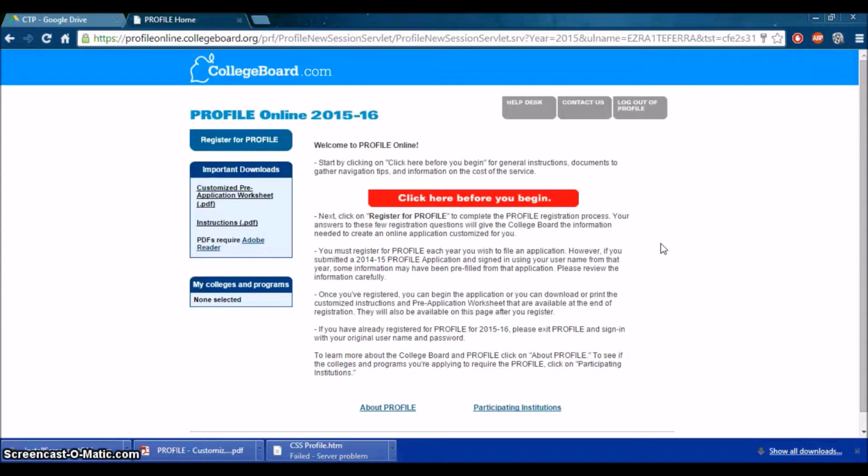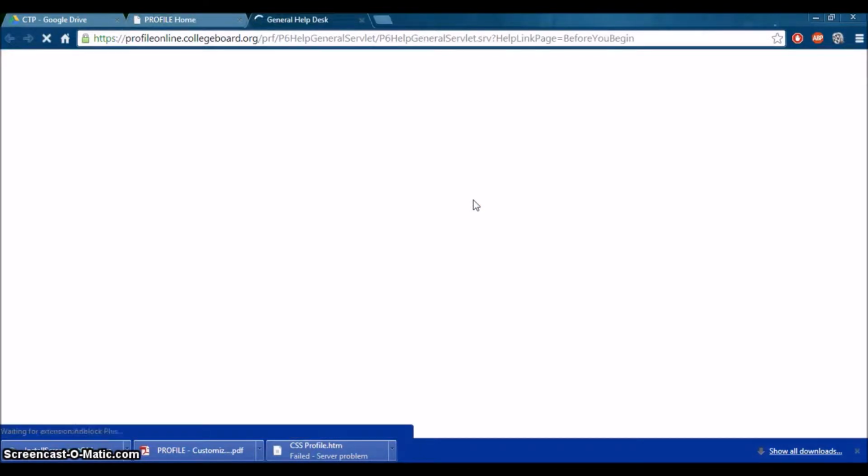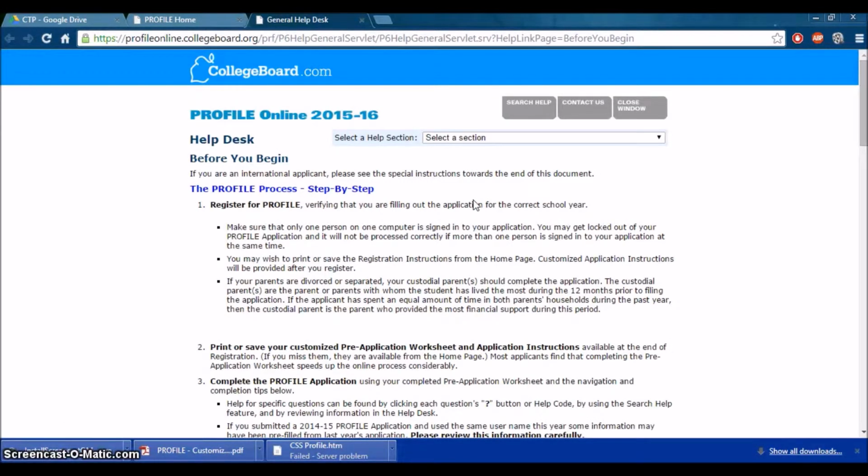So before you actually go into filling out the CSS profile, the first thing that we want you to do is click on this link that says click here before you begin, so that you can read the instructions on exactly how to fill out the CSS profile. It gives you specific step-by-step instructions on the specific sections that you have to fill out.